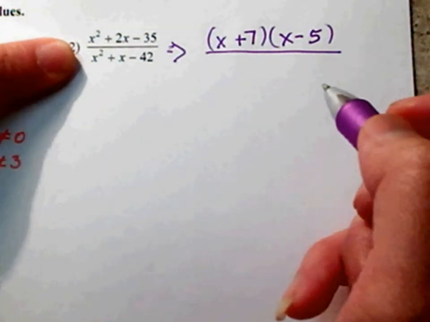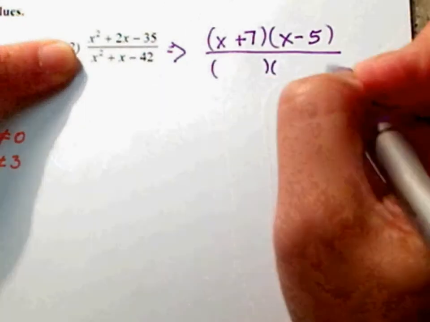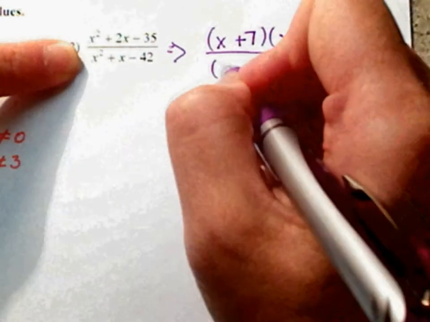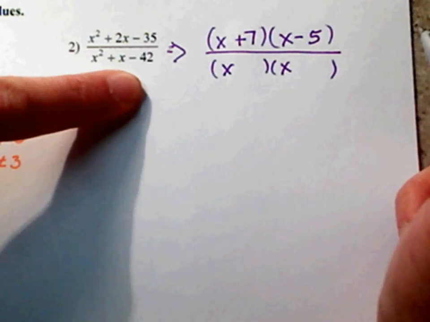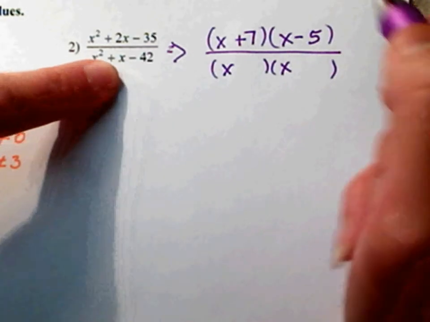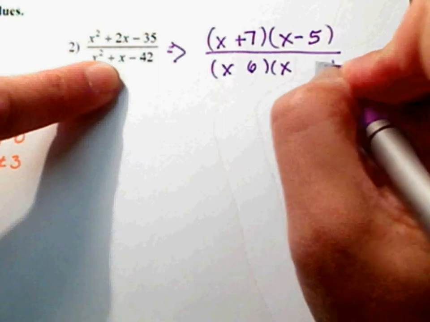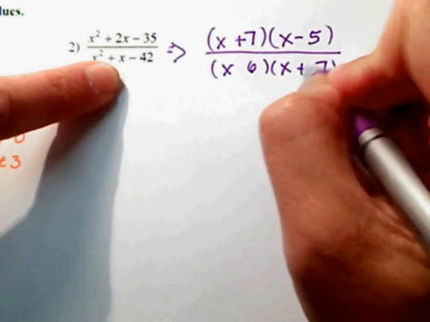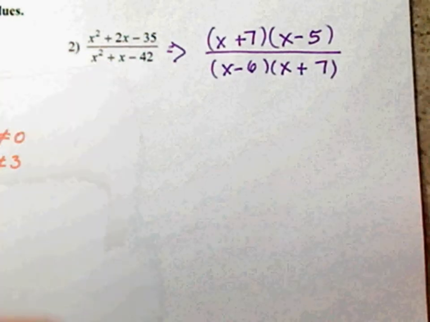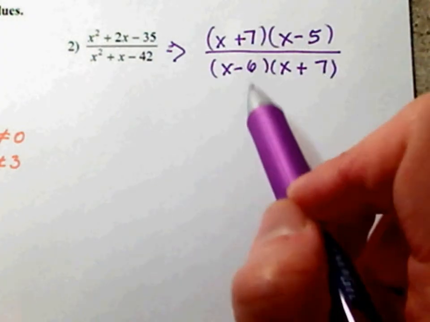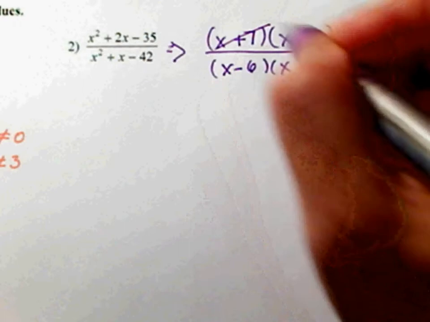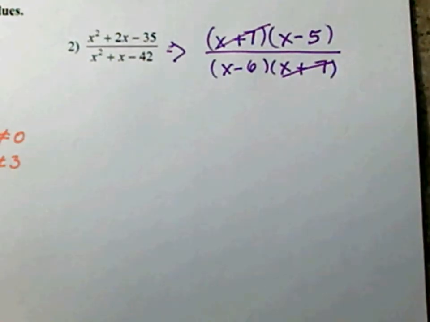Take care of your denominator. Factor those out. Factor of x squared is x and x. Two numbers that multiply to give you negative 42, and subtract to give you 1. 6 and 7. Plus 7, minus 6. Notice you are multiplying each one of these factors. You see anything that cancels? Those cancel out to leave you 1 over 1.